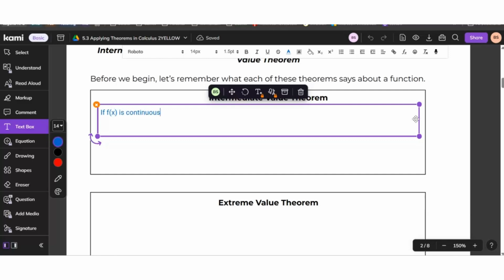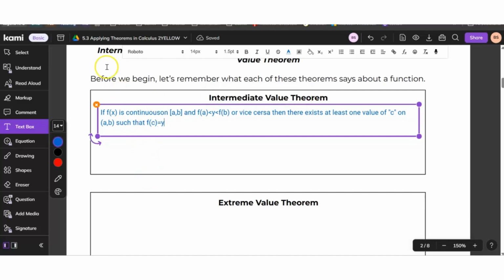So if f of x is continuous on AB and f of A is less than y is less than f of B, or vice versa, then there exists at least one value of C on AB such that f of C equals y. I'll give you a second to copy it down and then we'll talk about it.